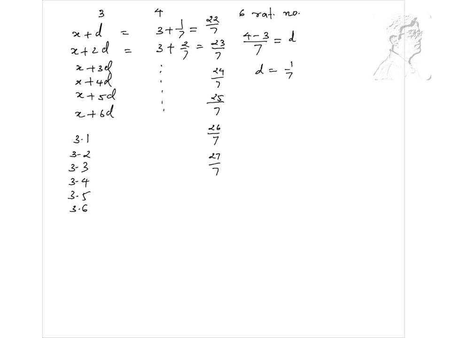Now, 3 by 5 and 4 by 5. Insert 5 rational numbers. Sir, 31 by 50, 32 by 50, 33 by 50, 34 by 50, and 35 by 50.